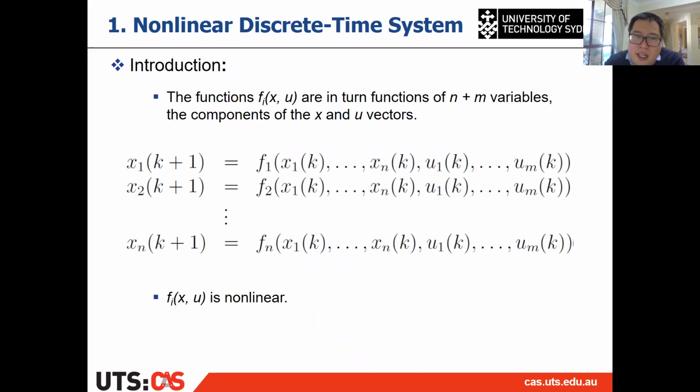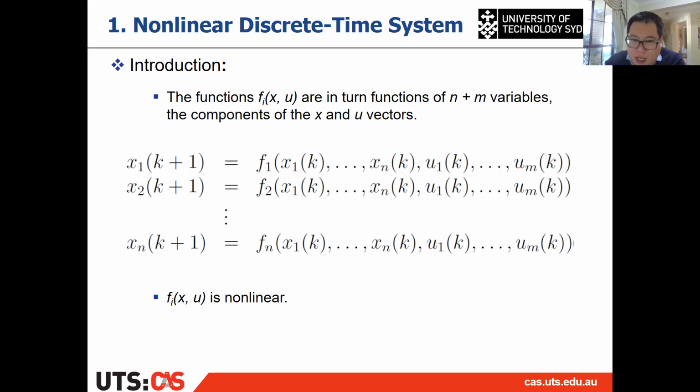And in the nonlinear discrete time systems, as I mentioned before, both x and u can be multivariable states, right? They can contain multiple variables, which means your f, the nonlinear function, which presents the relationship between xk plus 1 and xk and uk, can be multiple functions as well.